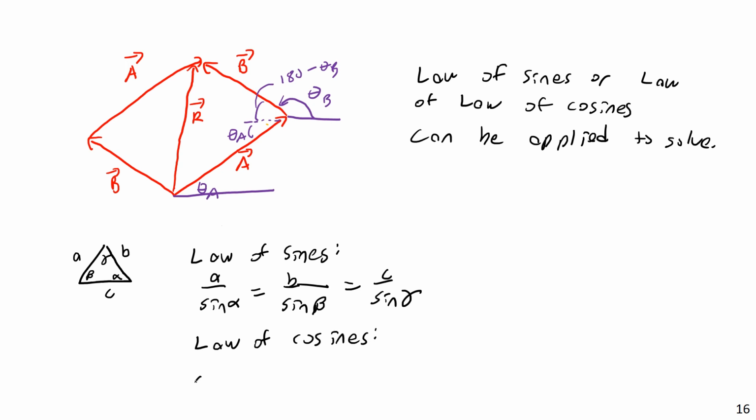and that is that C squared is equal to A squared plus B squared minus 2AB times the cosine of gamma.